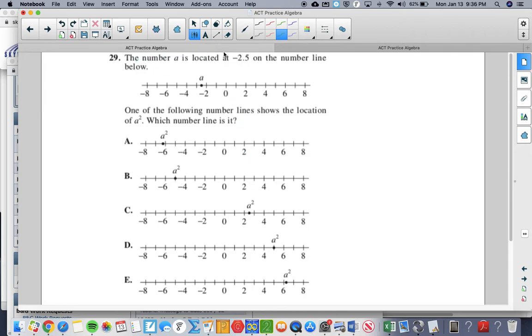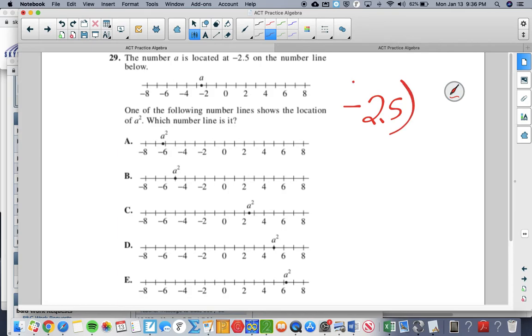The number A is located at negative 2.5 on a number line below. So here is A. It's about halfway in between negative 2 and negative 3. One of the following number lines shows the location of A squared. Which number line is it? It's funny they're relating this to a number line, but really they're asking, what is negative 2.5 squared?